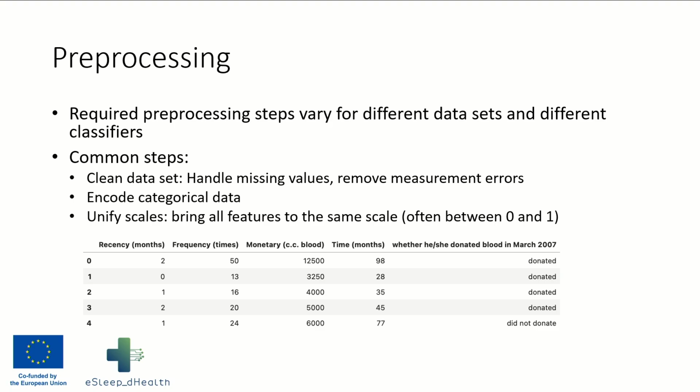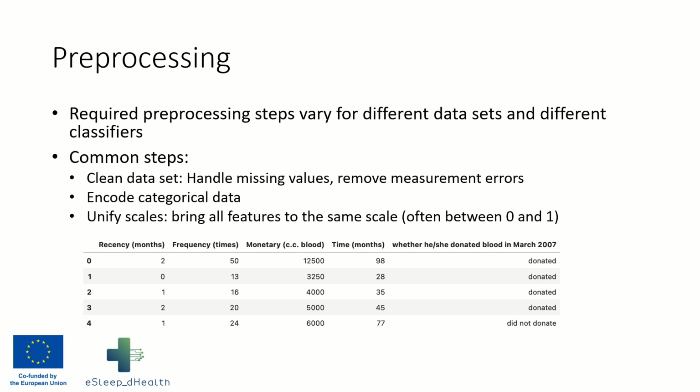So this is a category, and we have 2 categories, and they are donated or did not donate. And some machine learning models cannot handle this. So we need to transform these values into 0s and 1s. So here we would assign the number 1 to donated and the 0 to did not donate.